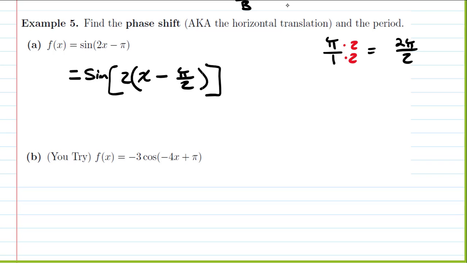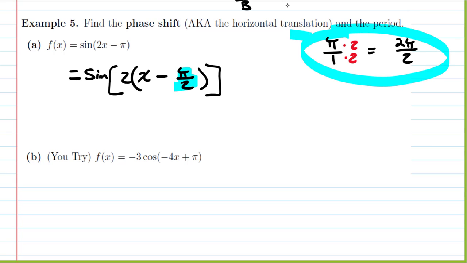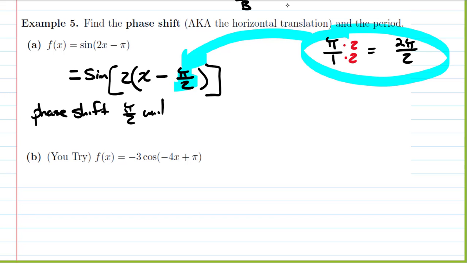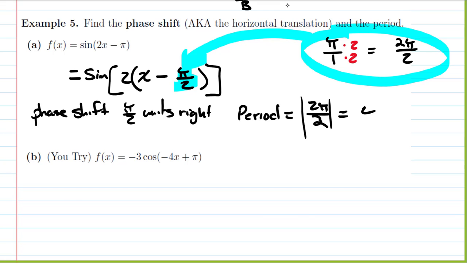So this gives us that the phase shift is pi over 2 units right, and the period is 2 pi divided by 2 in absolute value, so that's just going to be pi.